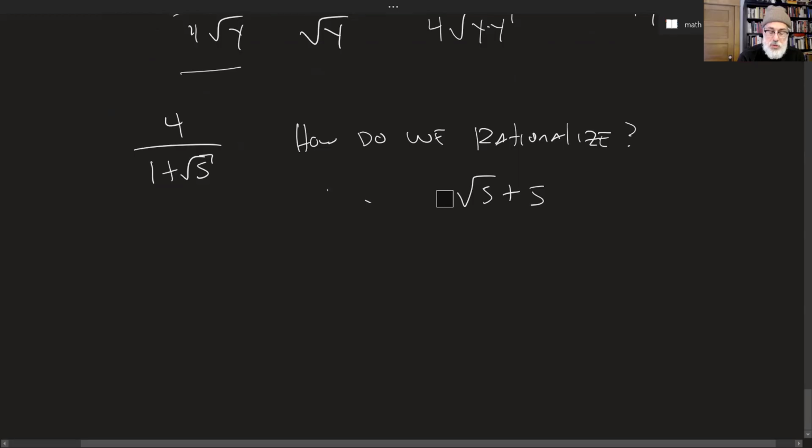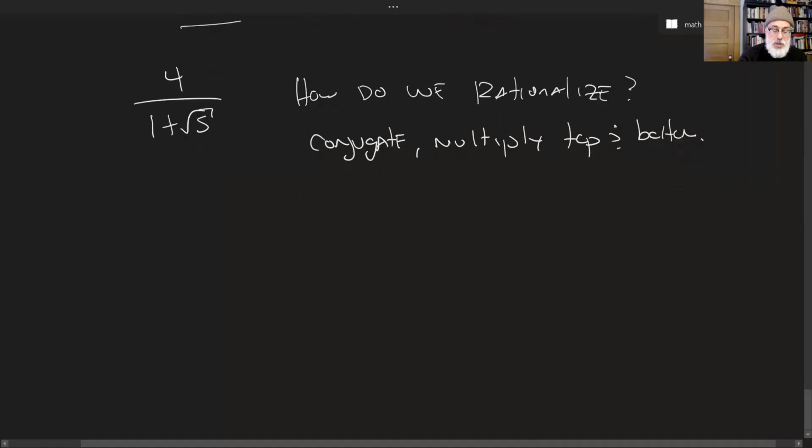So what do we do? One of the prettier words in mathematics: we use the conjugate and multiply the top and bottom by it. So what is a conjugate? I use the same expression. Let me rewrite this here with brackets.